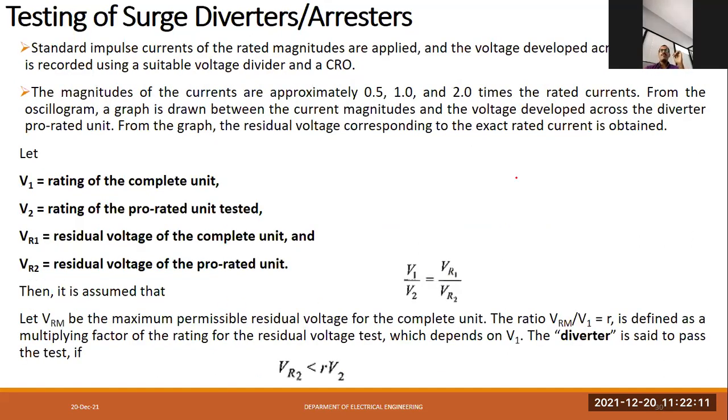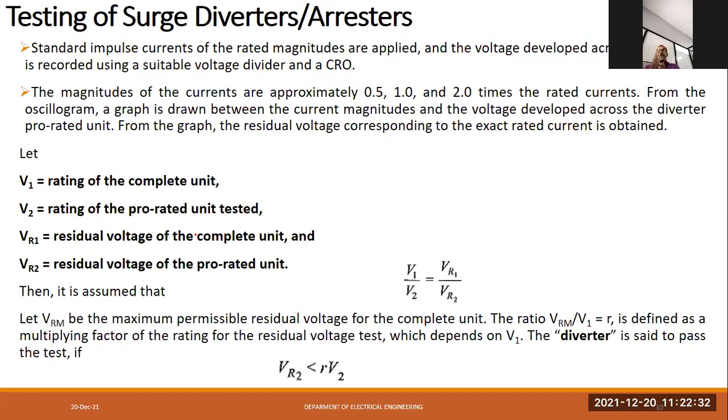In such a test, how will we take the readings? Here, the standard impulse current of a particular magnitude that we are going to apply, and whatever voltage develops across the diverter, should be recorded by using the CRO, or we can say by using the voltage divider.